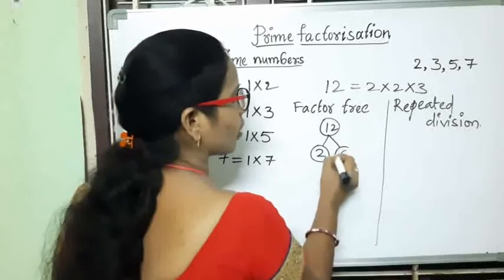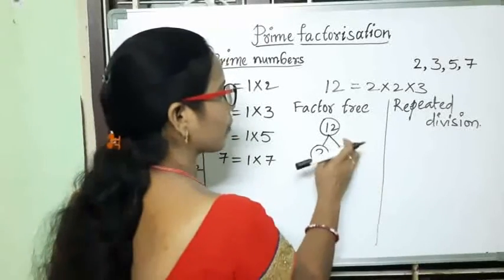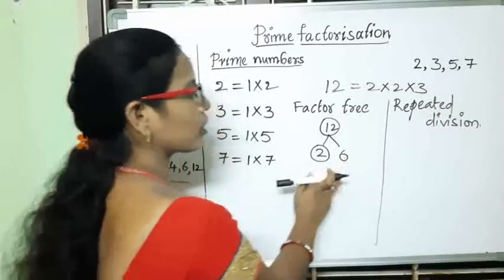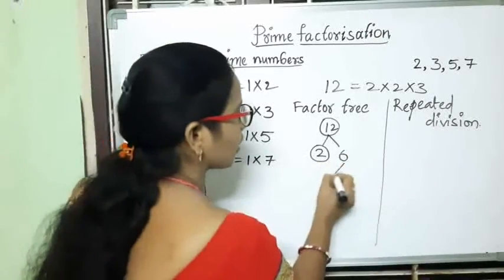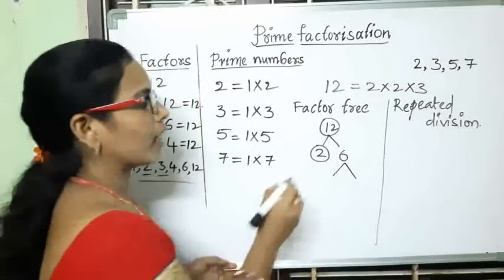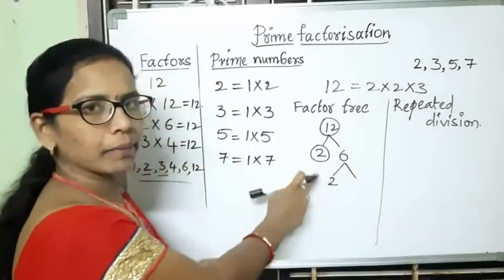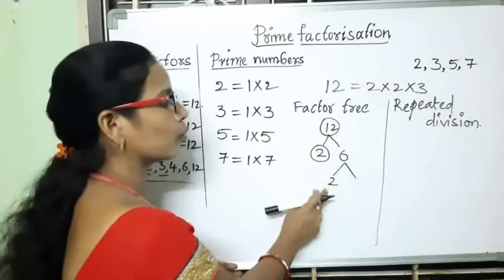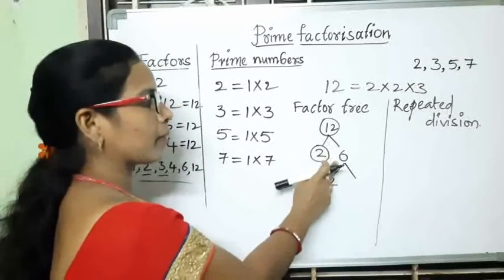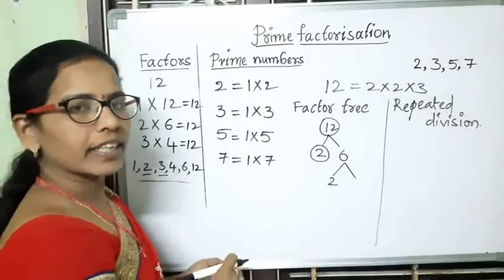Here 6 is not a prime, so we are going to break down 6 as the product of two numbers. For this also I am going to take 2, the least prime that can divide 6.